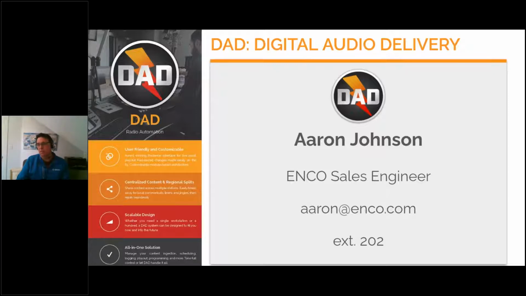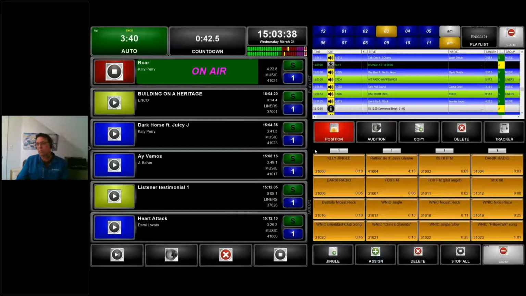So the first thing I just wanted to give you is a brief overview of DAD. One thing to note, we serve all different types of customers, large and small, for-profit and non-profit. So we try to fit as many different types of workflows and be as flexible as many of your workflows are, be it a small or large station.